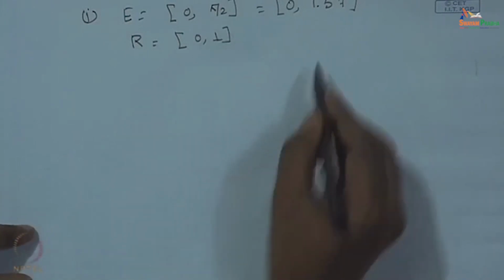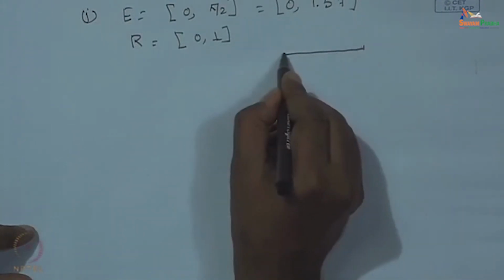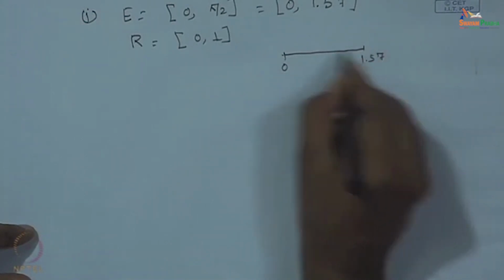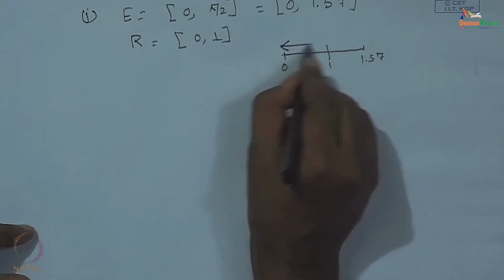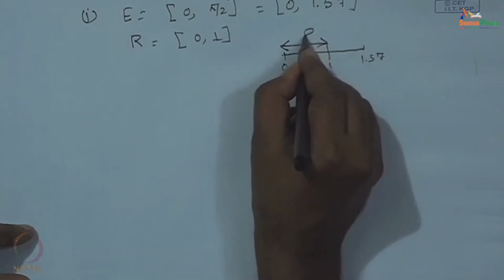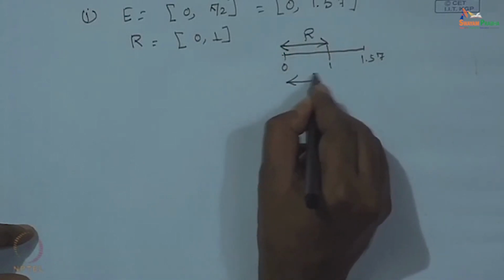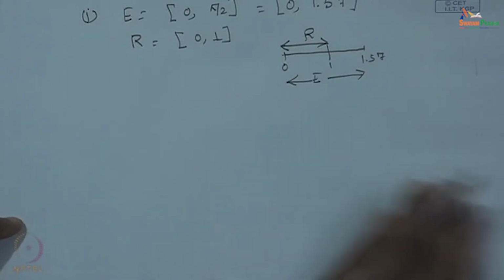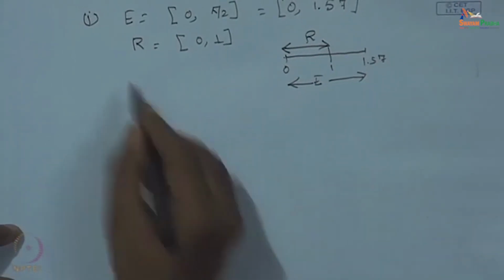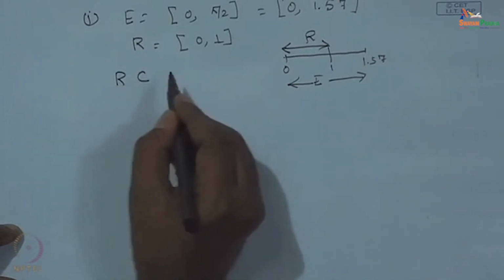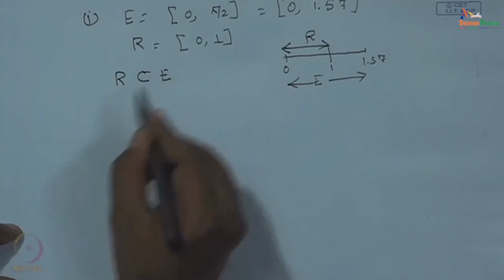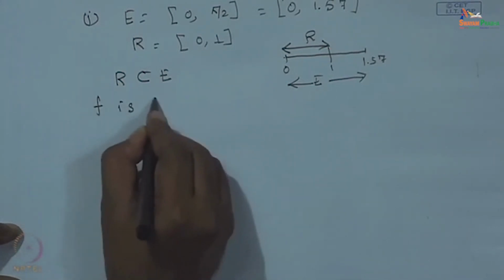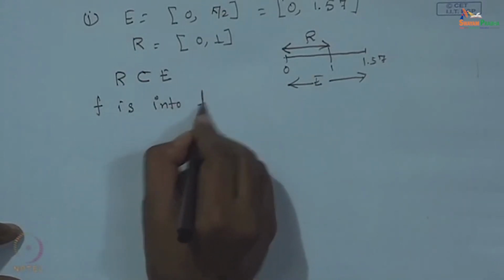Clearly, if we have an axis where this is 0 and this is 1.57, then 1 must be somewhere here. This is the set R and this is the set E, and of course R is a subset of set E. Therefore, R belongs to E and is a subset of E, and we come to the conclusion that f is an into function.